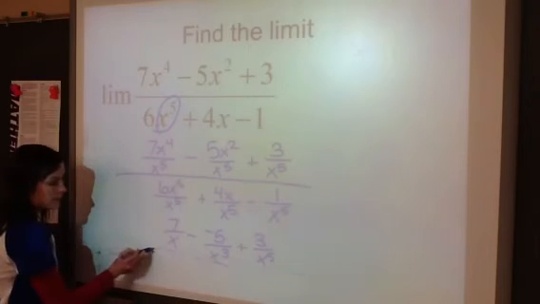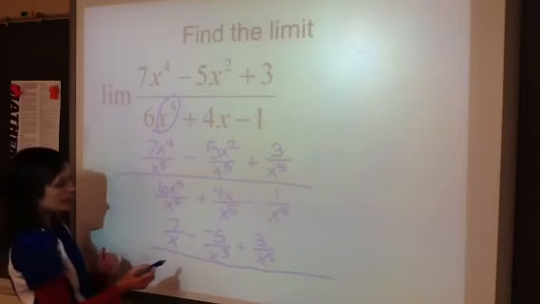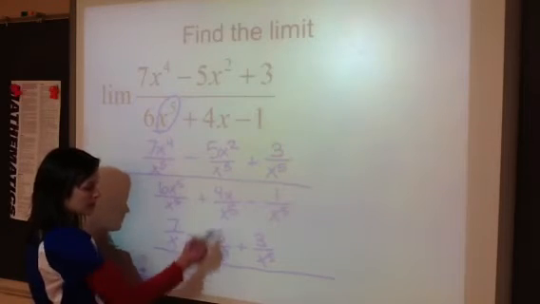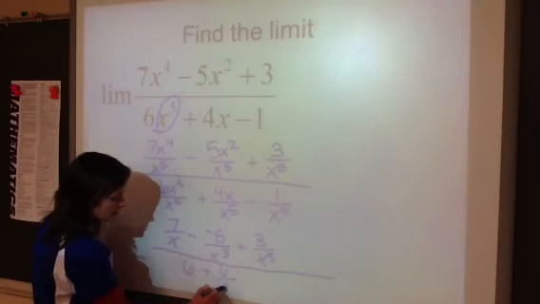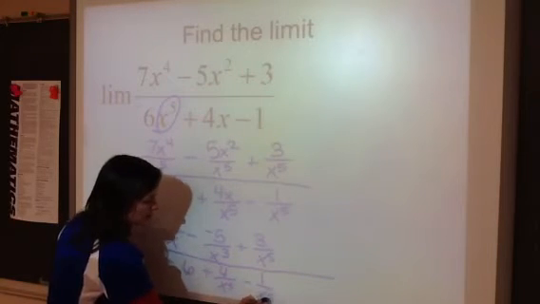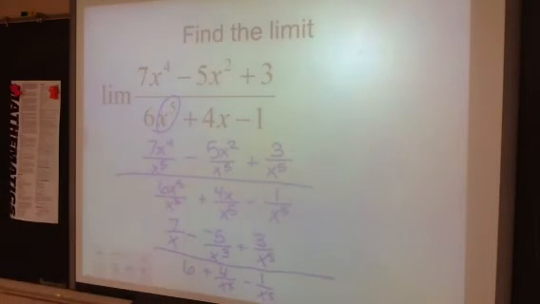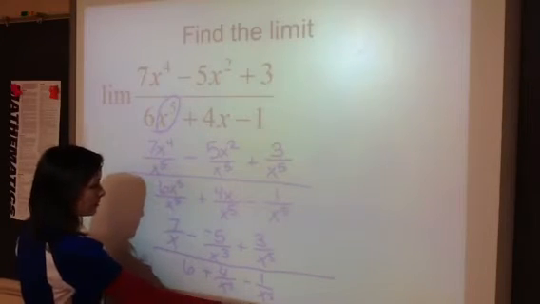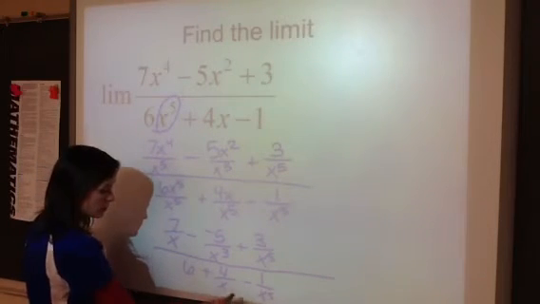The bottom of your fraction becomes 6 plus 4 over x to the 5th minus 1 over x to the 5th. So the bottom did not simplify very much. And I made a mistake. That is not 4 over x to the 5th. That would be 4 over x to the 4th.